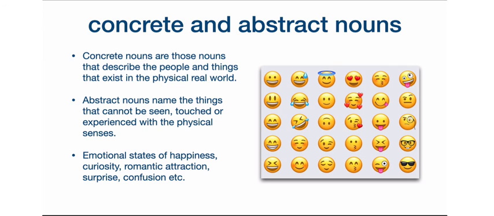So, information, language, concept, rule of law, and emotional states of happiness, curiosity, romantic attraction, surprise, and confusion. These are abstract nouns. They don't physically exist, but they are very real in our lives.